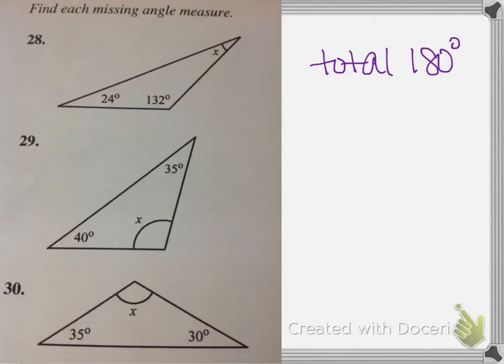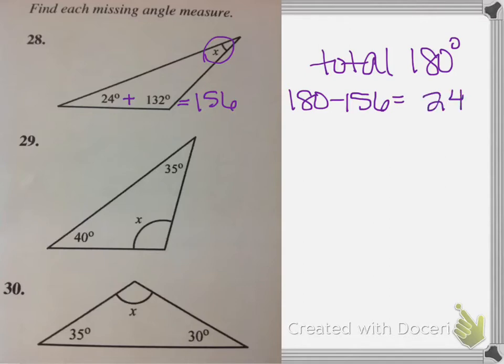So if you're trying to find the missing angle, you need to add up the two angles that you know. So 24 and 132 is 156, and then you have to subtract that from 180, which leaves us 24 degrees. So that's your missing angle.